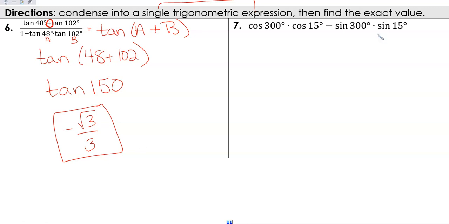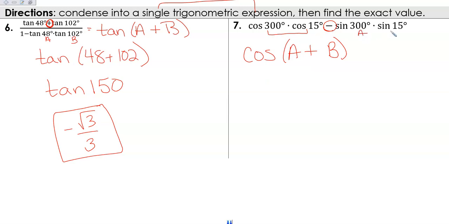When I look at this one, I see that my cosines are together. So that means I'm doing a cosine sum or difference, and I'm subtracting. When I'm doing the cosine of my two angles, remember the sign for cosine is opposite. So this is a sum.